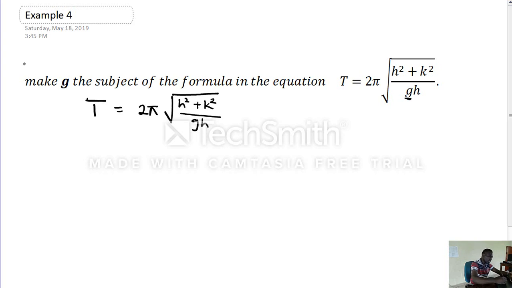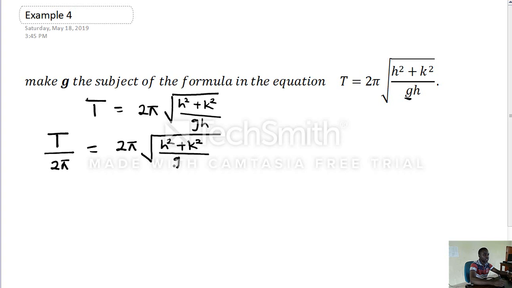So this is going to give us, dividing both sides by 2 pi, t divided by 2 pi is equal to 2 pi root h squared plus k squared divided by gh, all divided by what? 2 pi. Of which 2 pi will divide 2 pi and it will be 1.